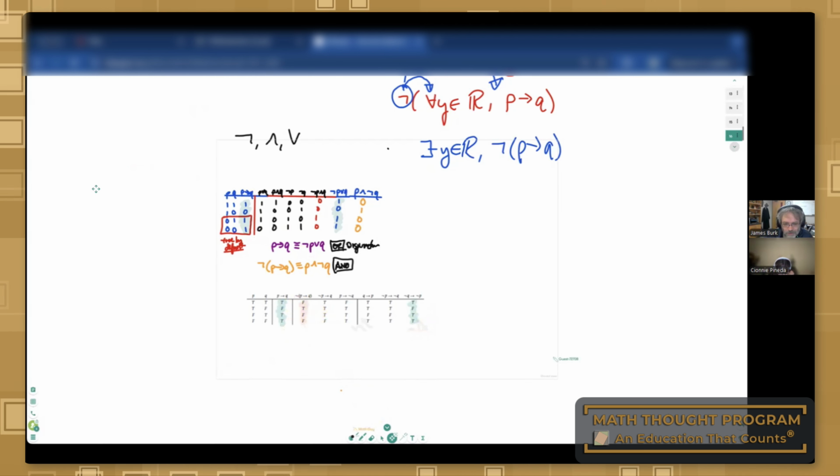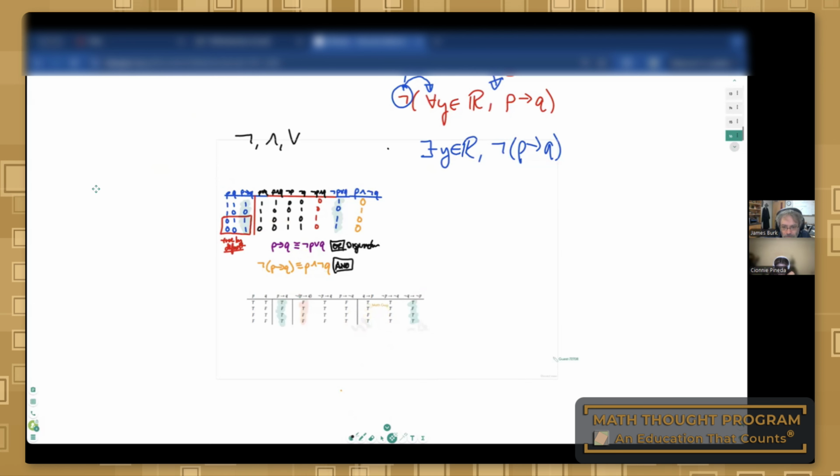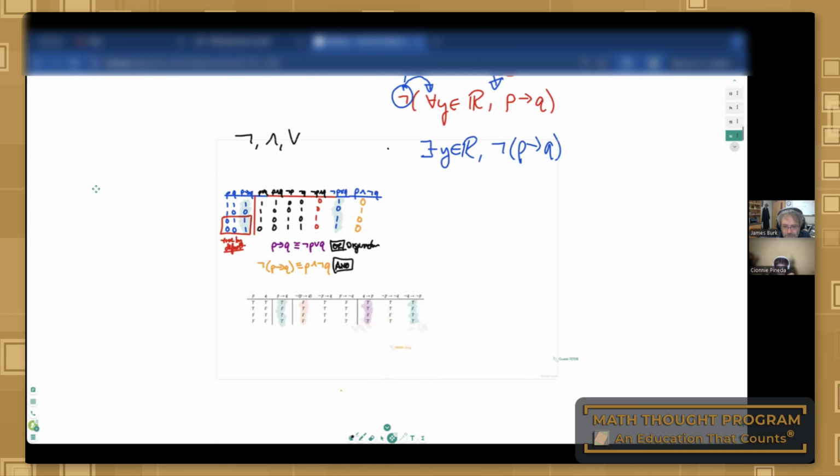Is there another one up here that has the exact same structure? No. Okay. Now, what about this one right here? Is there another one that has that exact same structure? Yes, the one right next to it.